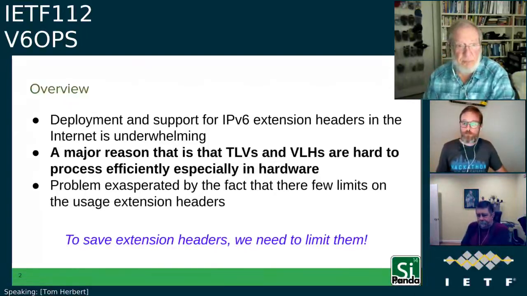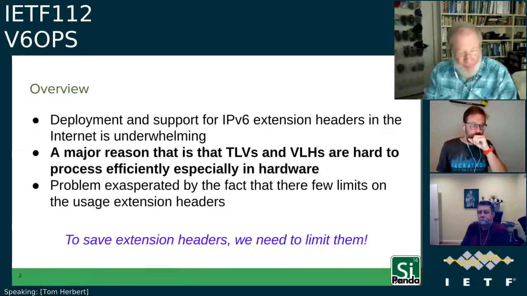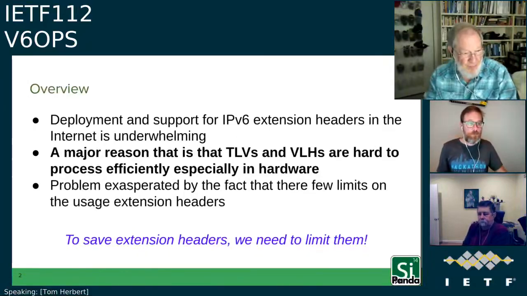The major reason is that TLVs and variable length headers are hard to process in hardware. So it's already been covered. I believe the problem, though, one of the things that exacerbated it, was that there are few limits to the usage of extension headers. So for instance, in RFC 8200, the only limit for the number of extension headers, or even the size of an extension header, the only limit for the number of options in a hop-by-hop options header, is the MTU of the packet.